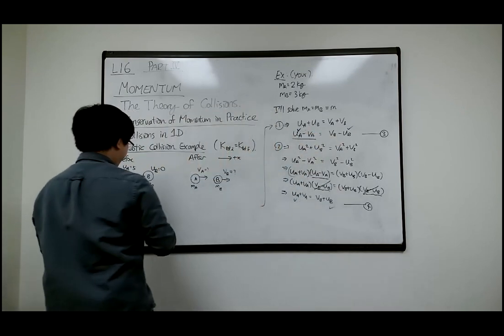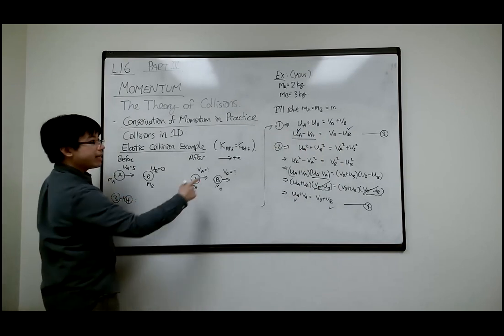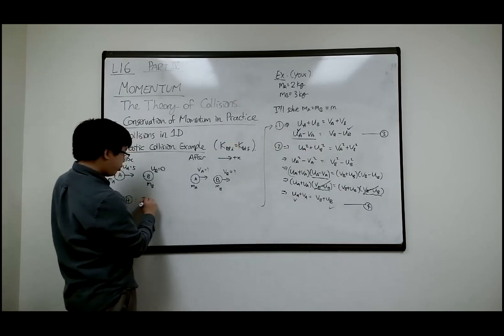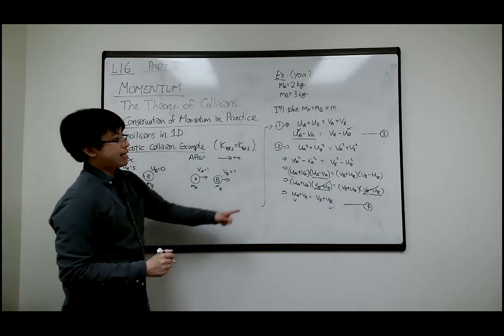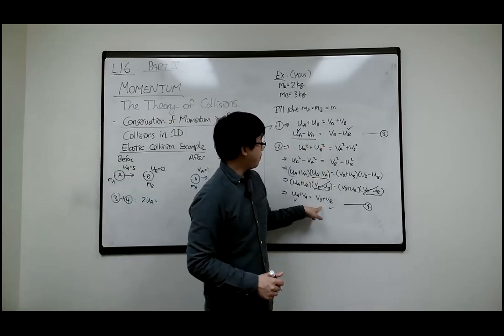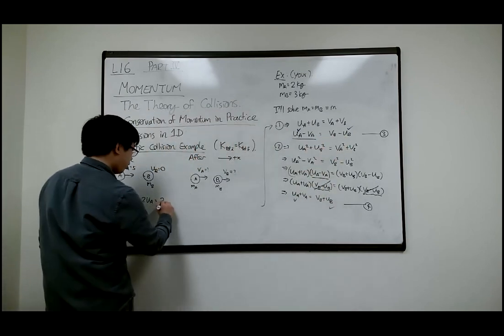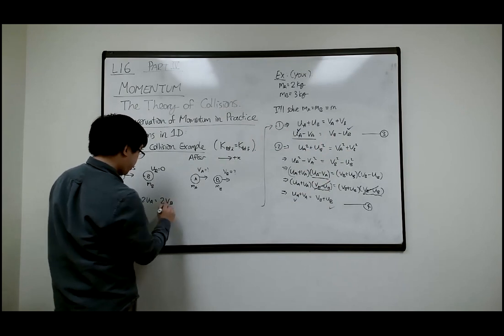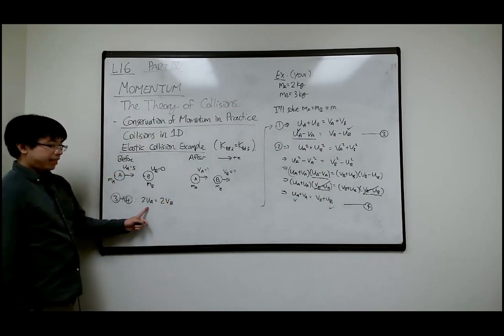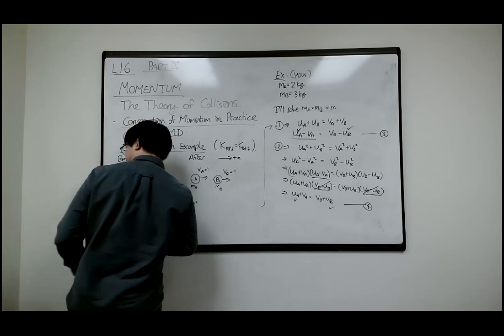If I add 3 and 4, on the left-hand side, it will give me 2 UA. On the right-hand side, when I add this to this, you've seen me use this trick enough times now, the UB cancels out. So I just have 2 VB. What does that tell me? That tells me UA equals VB. Okay, what is my goal?